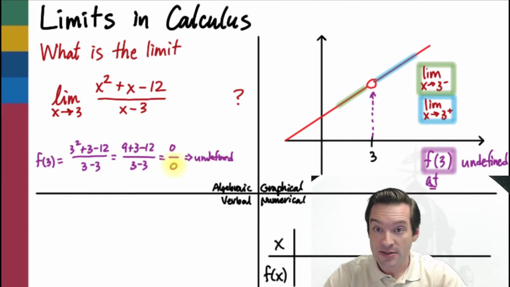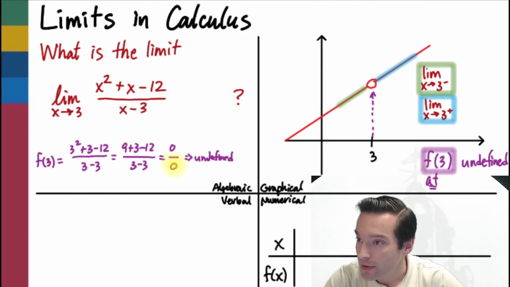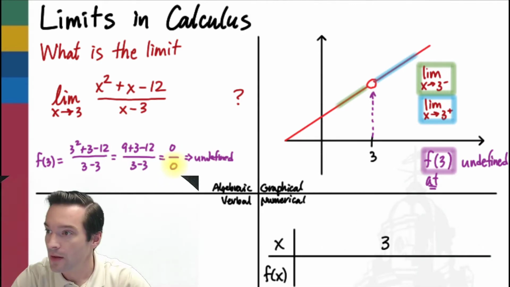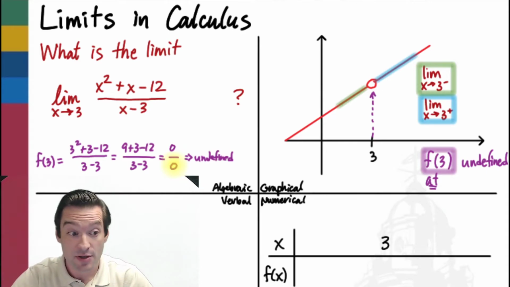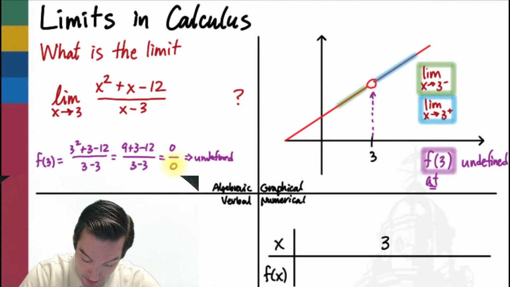Let's think about how to investigate this question numerically. So if we were to try to use a data table to make this happen, I'm going to move myself out of the way here real quickly. So we can investigate this question using a table of data to investigate what's happening nearby x equals 3.